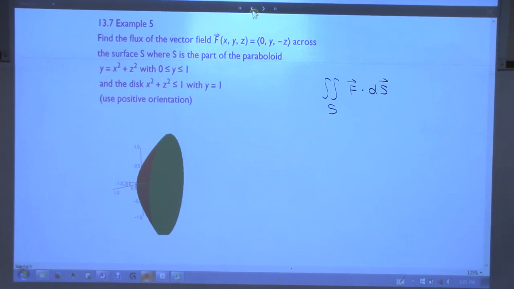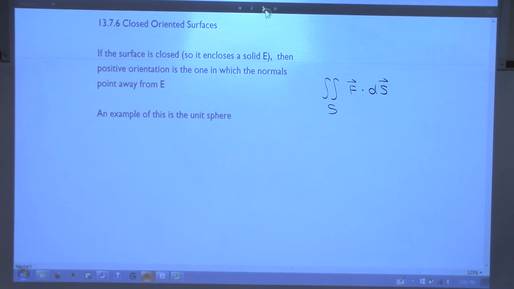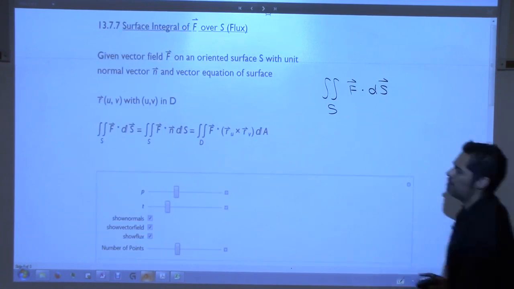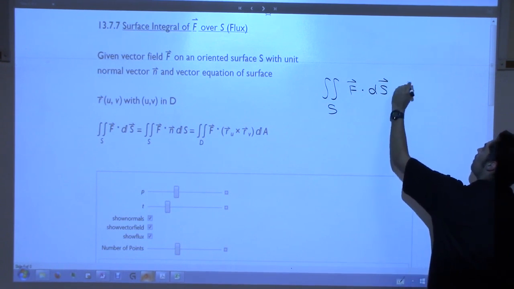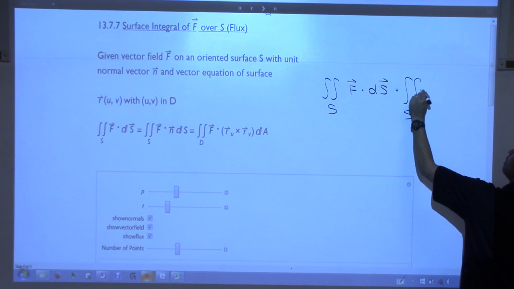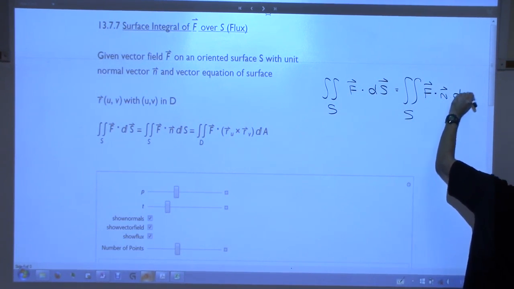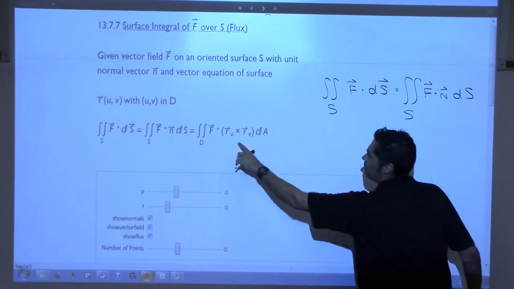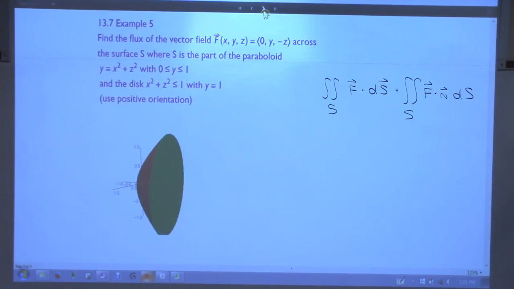That's what we use. And this is equal to the surface integral over S of F dot n dS, and then this last one. And then we had special cases. All right, so we want to get to this example.